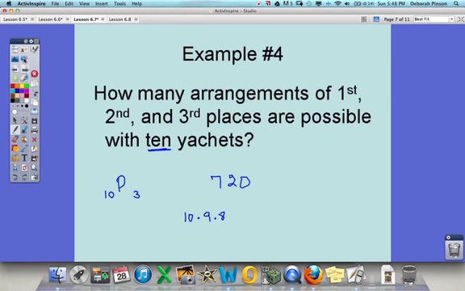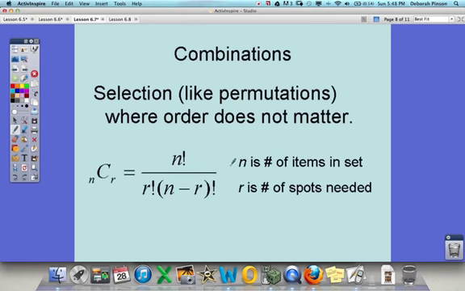Okay, so let's talk about combinations. Now combinations pretty much like permutation, except with one exception. Order does not matter. So an example of this would be if I were to say, I'm going to pick 3 of y'all out of the 20 people in our class or whatever, I'm going to pick 3 of you guys to go to the office.